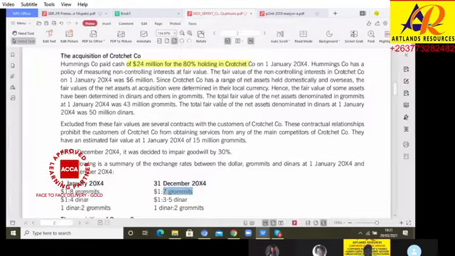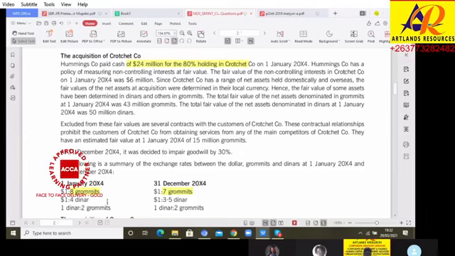So what do you do in your opinion? The exchange rate was 1:8. You are calculating goodwill in grommets. You are given $24 million in dollars, and goodwill is required in grommets.